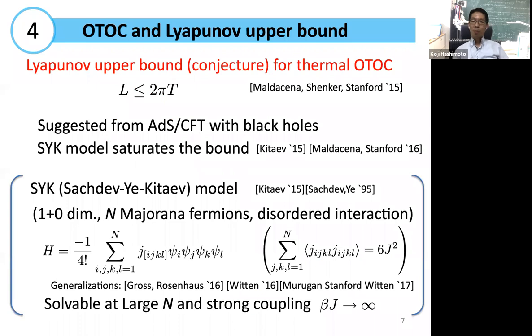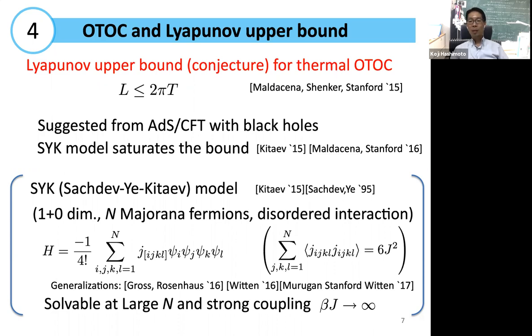And as all of you know, there is a famous conjecture about the Lyapunov coefficient. Maldacena, Shenker, and Stanford, in their famous paper in 2015, argued that there is an upper bound for this Lyapunov exponent for a specially ordered thermal OTOC. So their OTOC has a very special shape, and also it applies to large N theories.